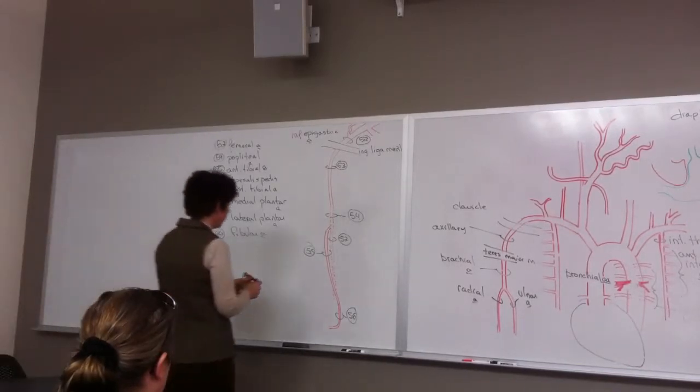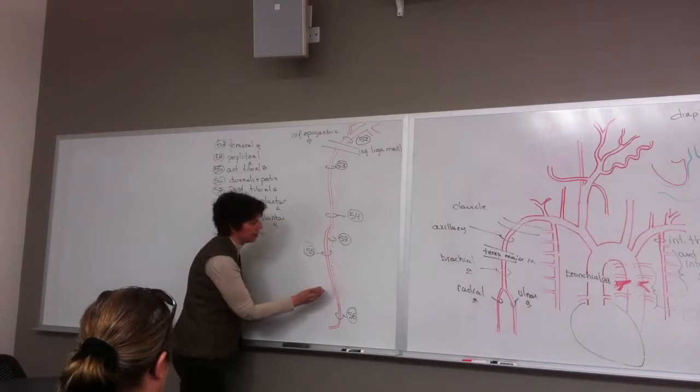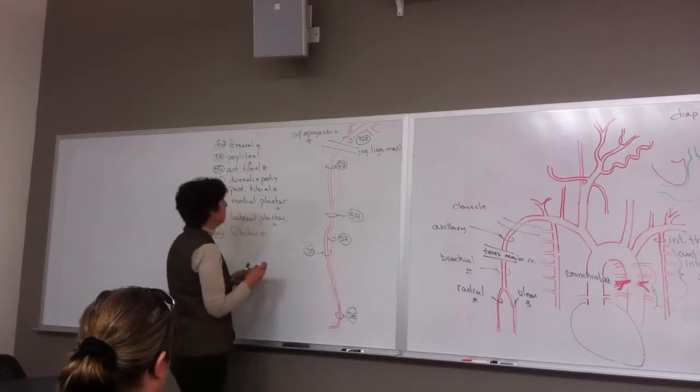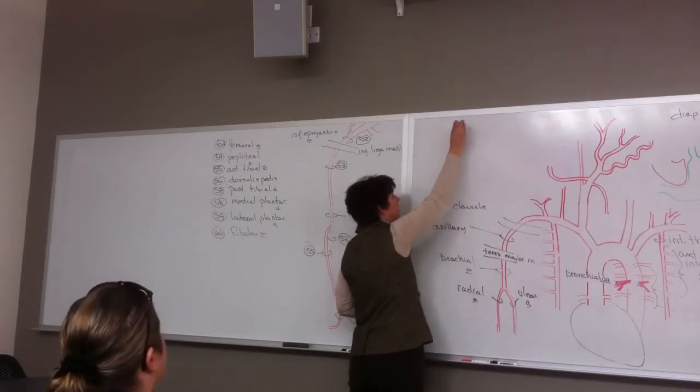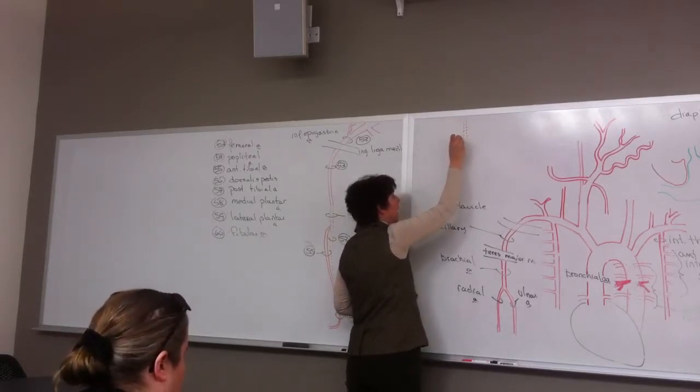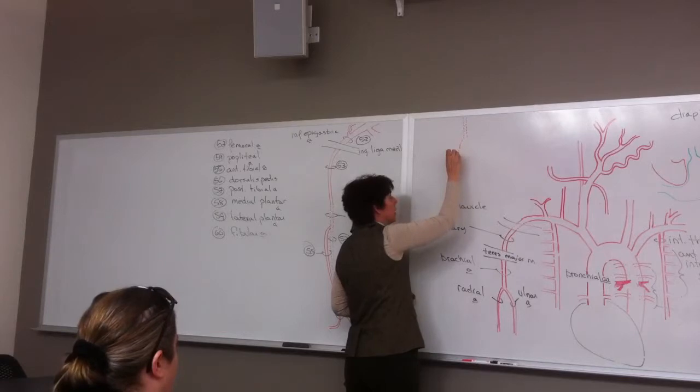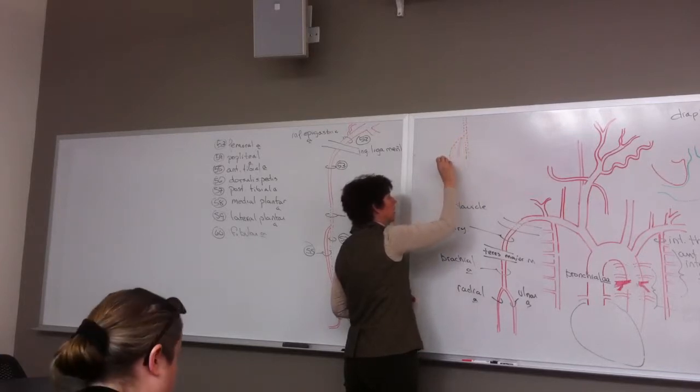And so it's going to give a branch on the bottom of the foot. And let me draw this a little bit larger here. So here's posterior tibial artery. And in the bottom of the foot, this is the right foot, it's going to send a branch to the big toe. And it's going to send a branch over to the little toe.